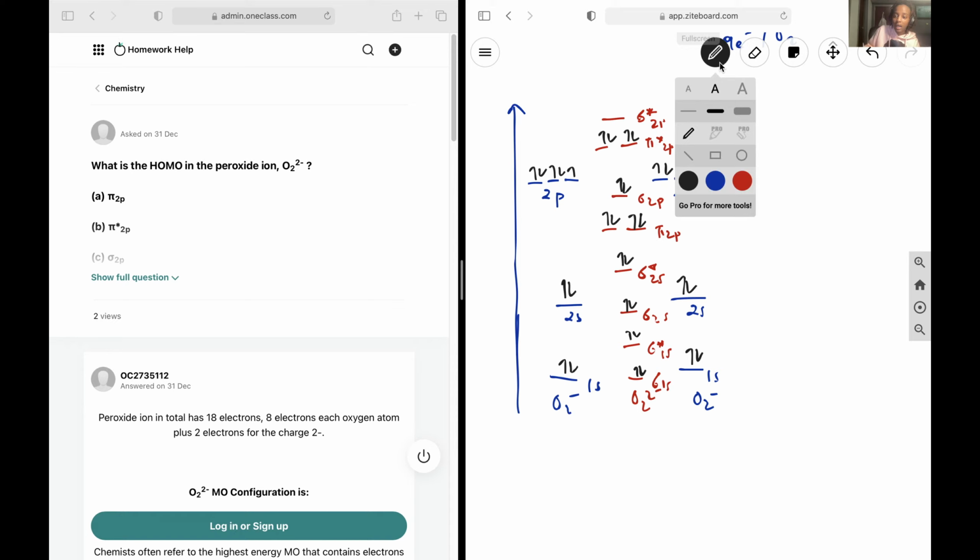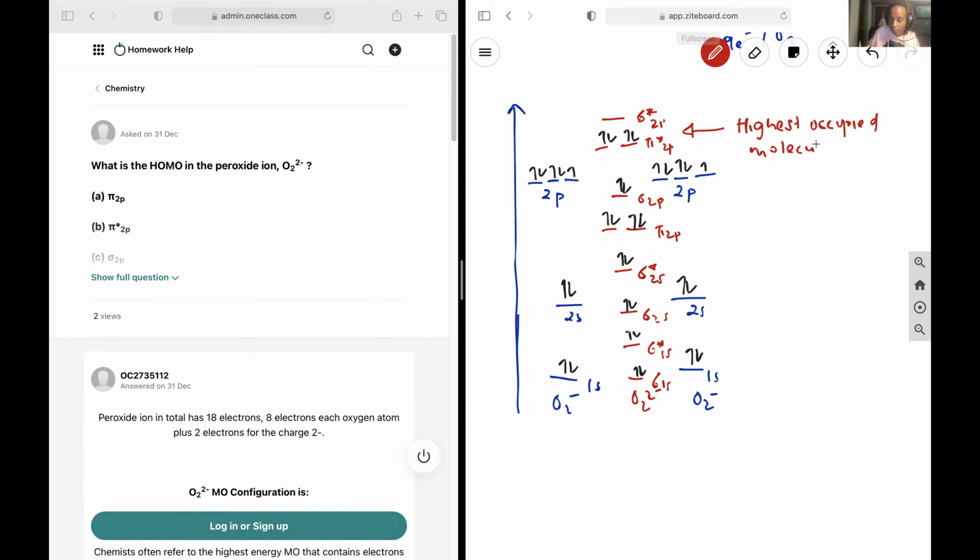So obviously the highest occupied molecular orbital is going to be this one, because it's of the highest energy compared to all of the rest. So our answer is going to be antibonding pi 2p. And that's going to be B.